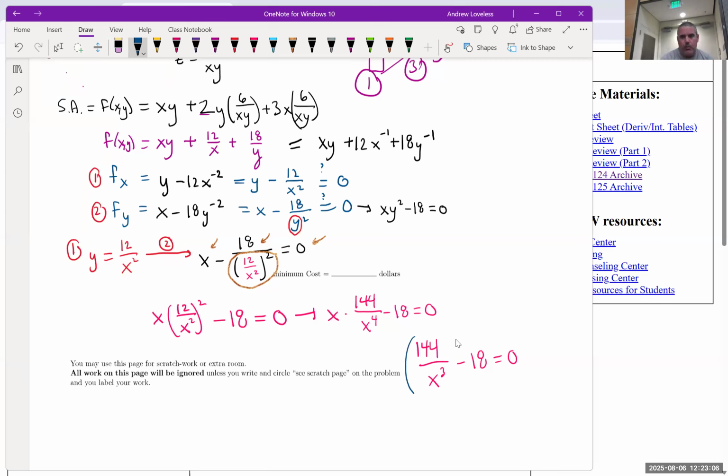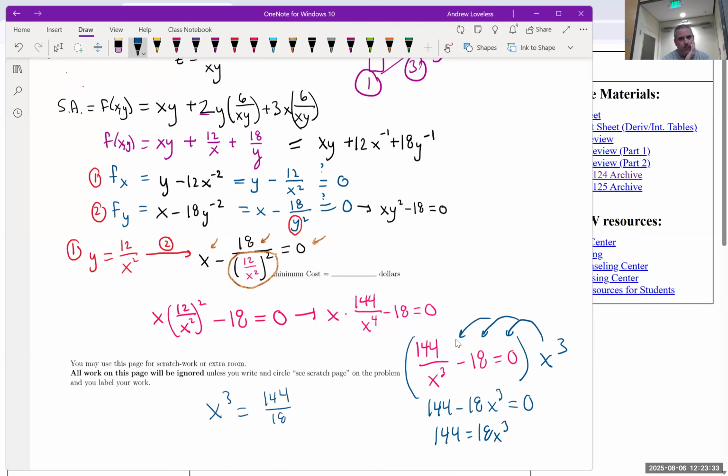But whenever I encounter an equation that has a fraction, I multiply it. I kind of use this over and over again. I multiply everything on both sides. That gets rid of my fraction. And now we've made it. So 144 is equal to 18x cubed. x cubed equals 144 over 18. Oh, that simplifies, but.